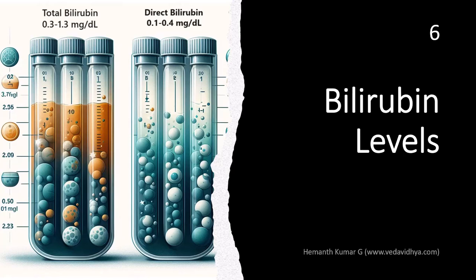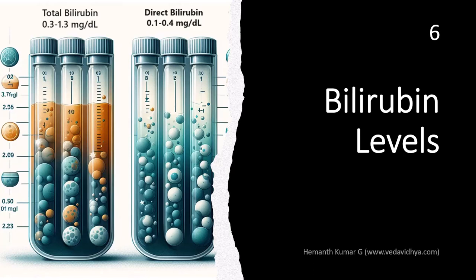In the context of liver function, we often discuss two types of bilirubin, total and direct. Total bilirubin is a measure of all the bilirubin in the blood, including both unconjugated, that is indirect, and conjugated, which is direct forms.